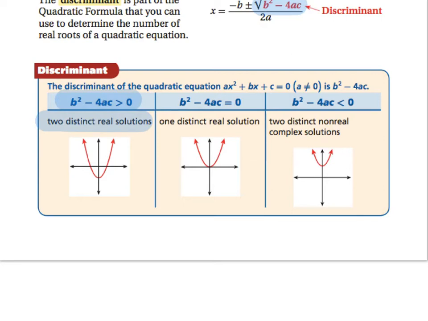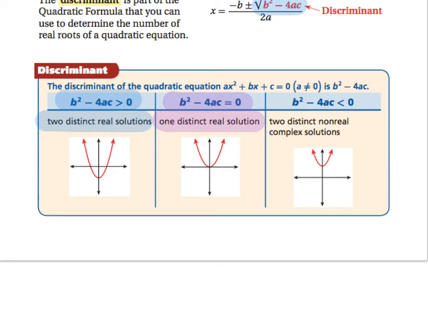When it's equal to 0, we're not going to have a square root of anything, so we're only going to have the first portion, which is the opposite of b over 2a. So when it equals 0, you're only going to have one real solution.